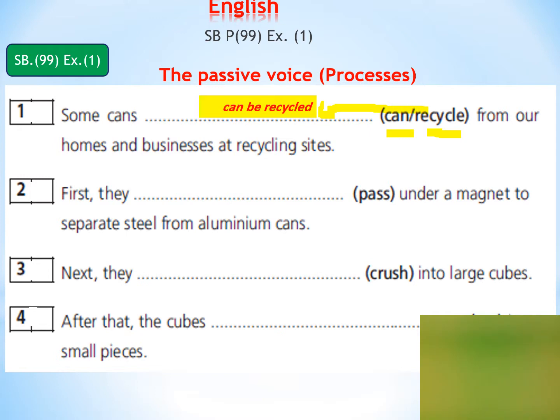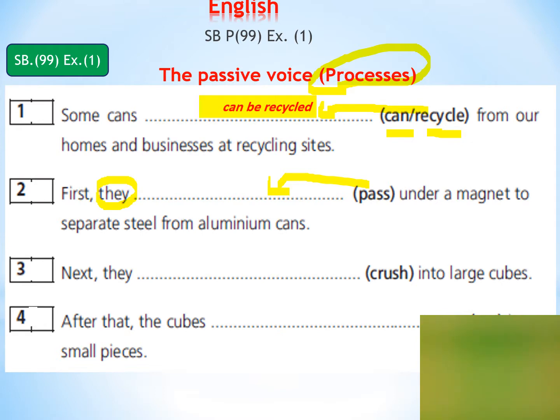Extremely easy. First here, they. My object is they, which is plural, so I need to take this into consideration. First of all, I need to put the past participle of the verb to pass and put here be. It is in the present because we are describing a process, so be should be in the present.